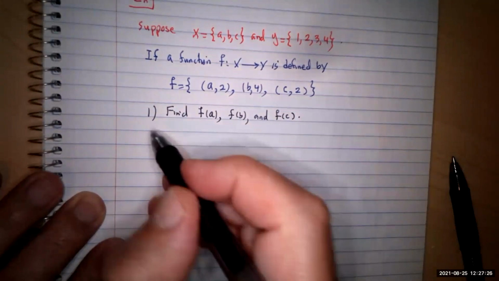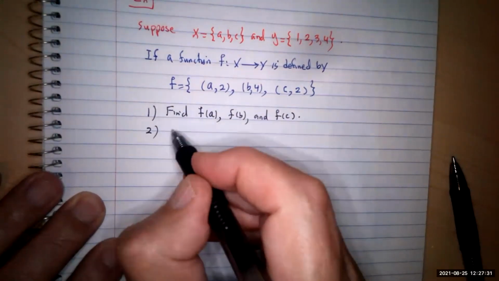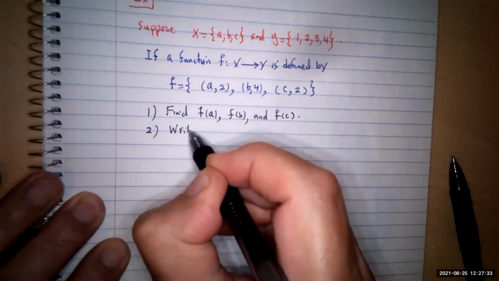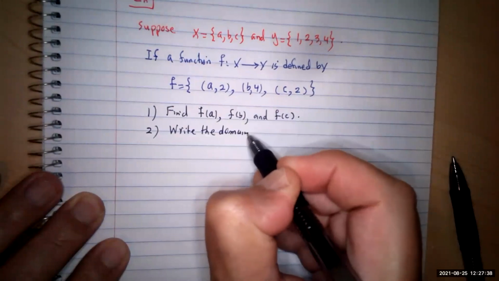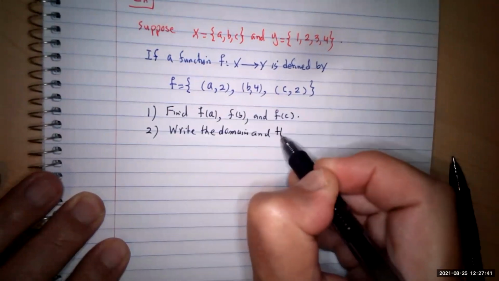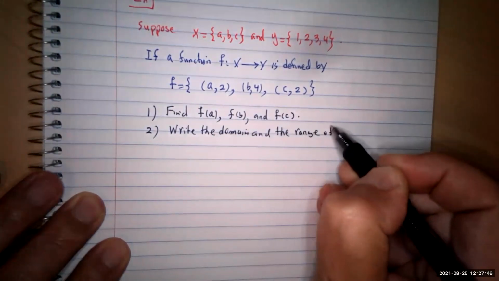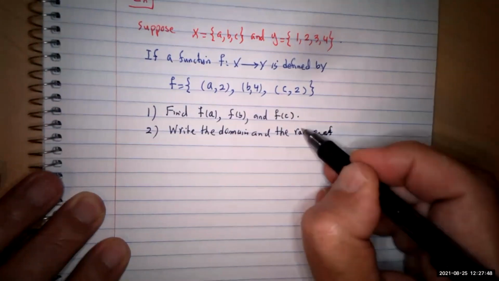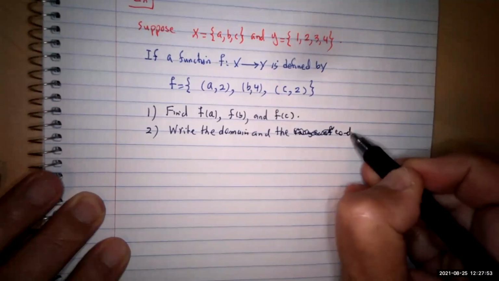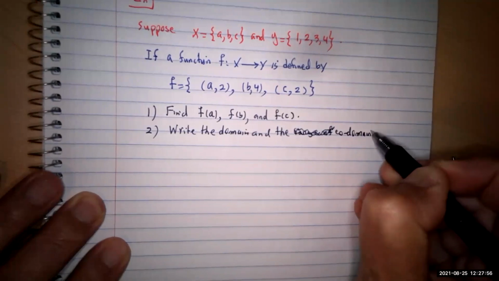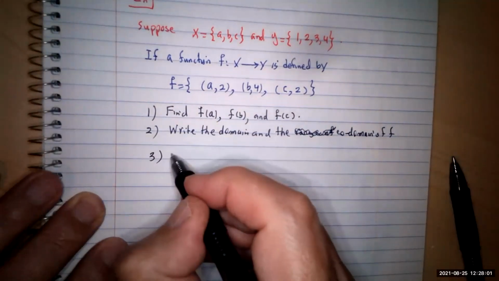The second part, they ask you to write the domain and the codomain of f, and eventually they ask for the range.